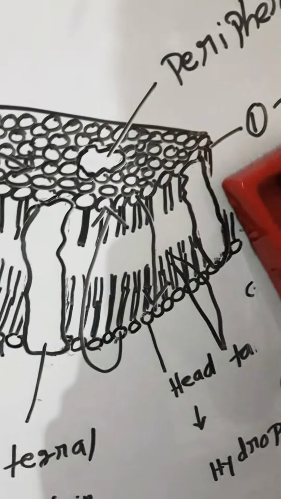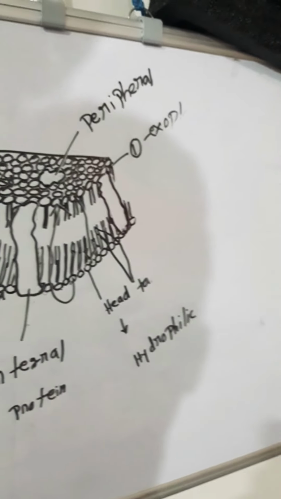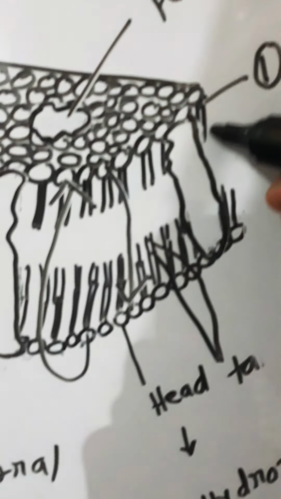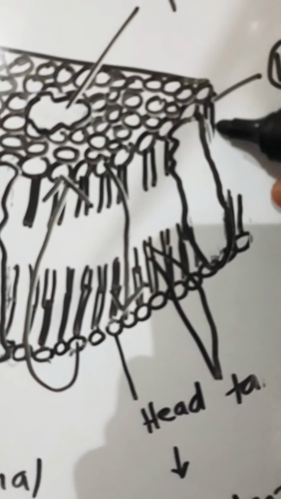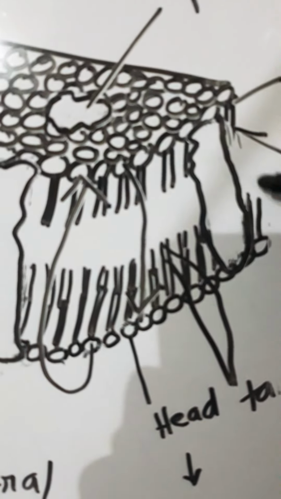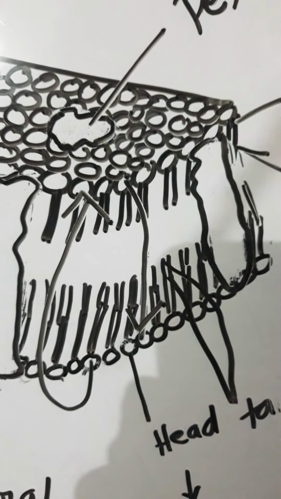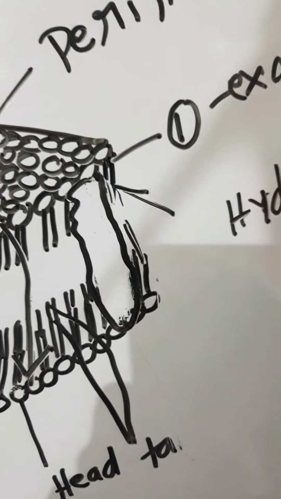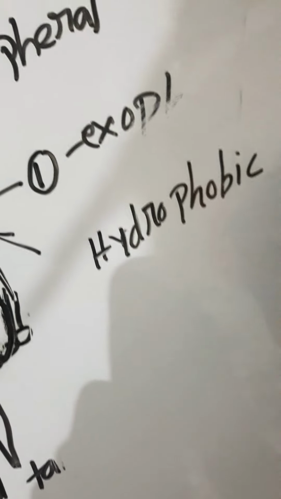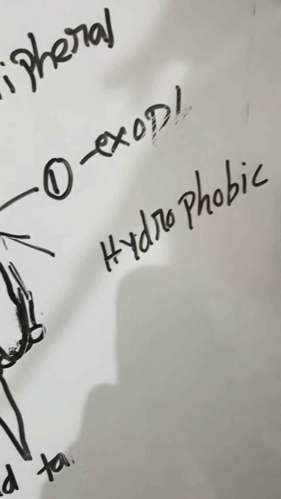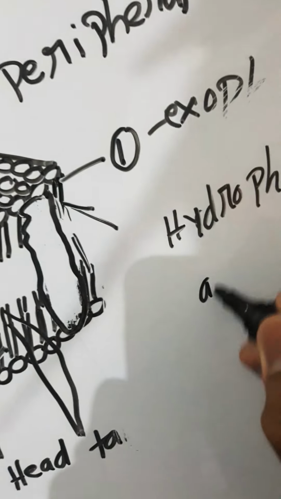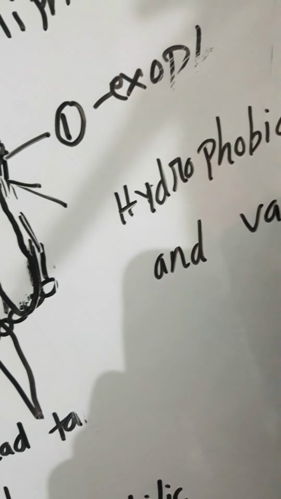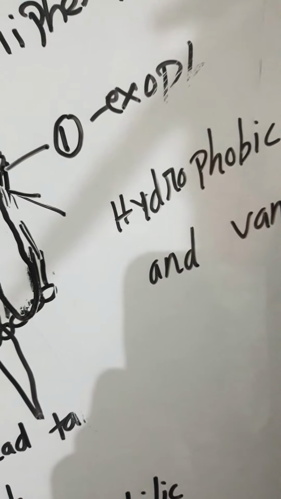we know that this cytosolic tail, these lipid tails, interact with each other by hydrophobic interaction and van der Waals interactions.